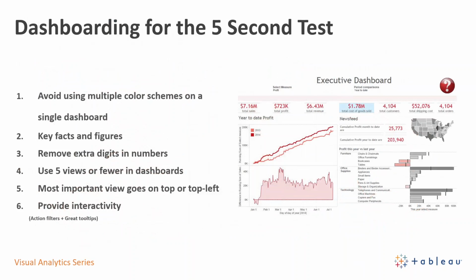Also, too many of the same views can create visual exhaustion. So even if Tableau provides diverse color palettes, don't freak out your audience by doing too much with color. The fewer ways you encode your data, the less your audience has to do to understand the dashboard.